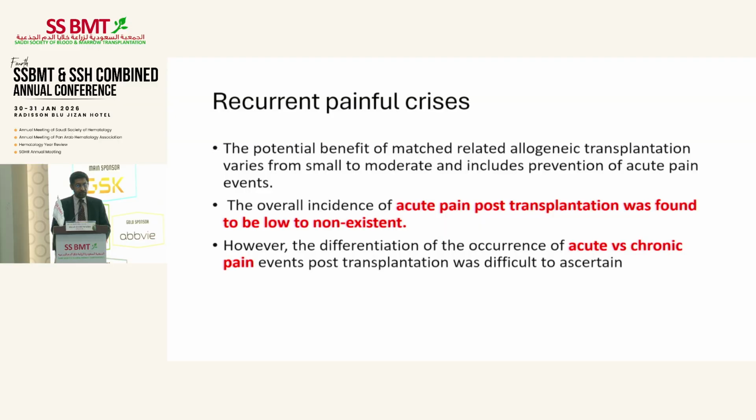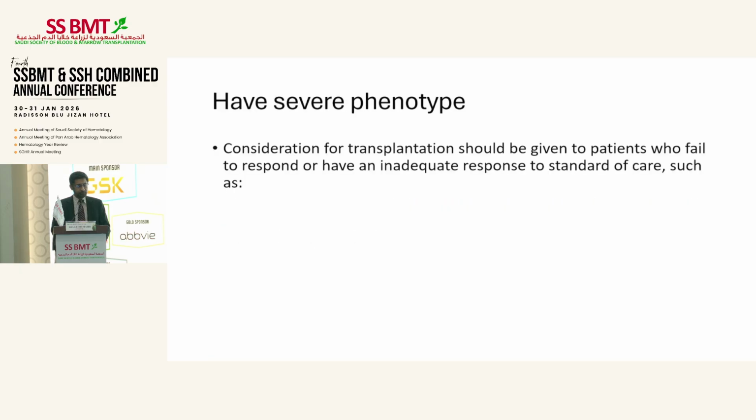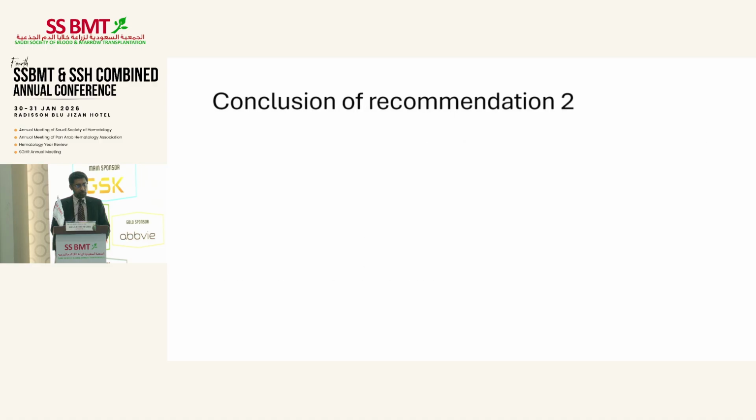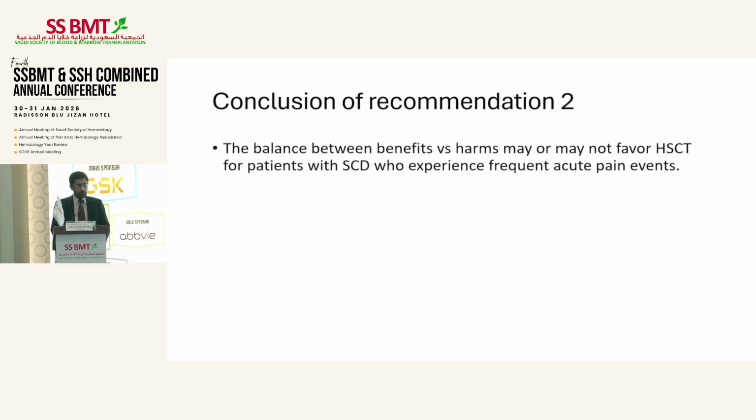And this is beneficial, and maybe having multiple painful crises is a marker of severity of disease, and maybe these patients will actually have a problem in the future with other organ damage. Hydroxyurea can be used in patients who have fewer crises, new targeted therapies, chronic transfusion therapies, and patients deemed to be compliant. Conclusion of recommendation 2, its benefit versus harm.